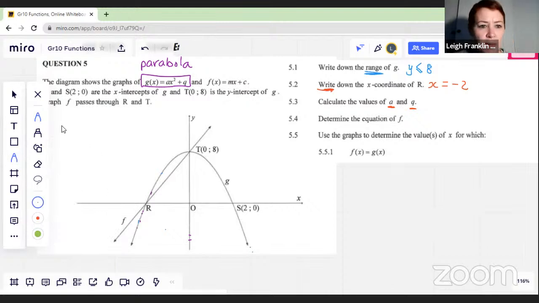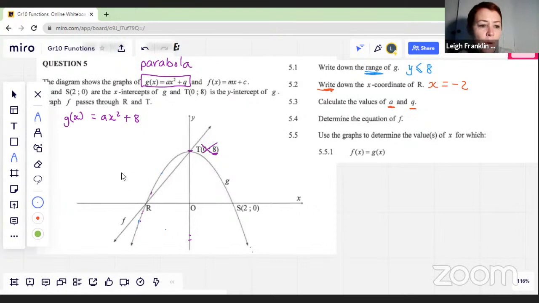We looked at the picture and we said g of x, which is the same as y, is equal to ax squared plus q. Then we could see here that the y-intercept was +8. In the place of q goes the y value at the y-intercept. So you said +8. Excellent. Now we have used that point. We can't use it again.